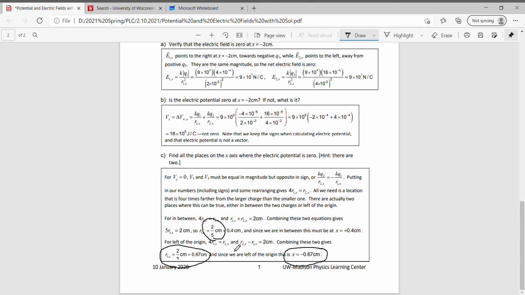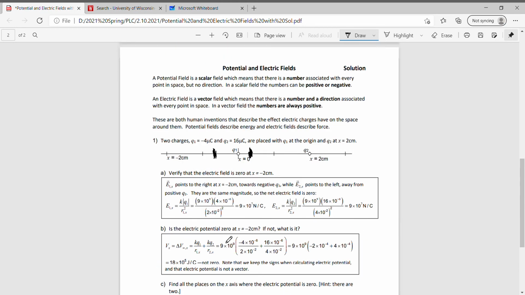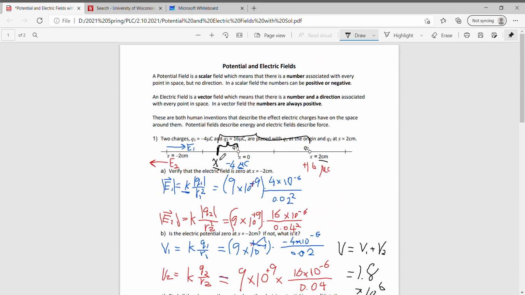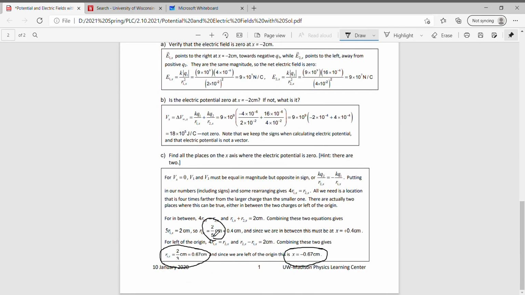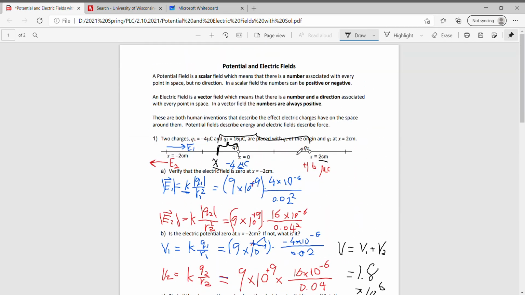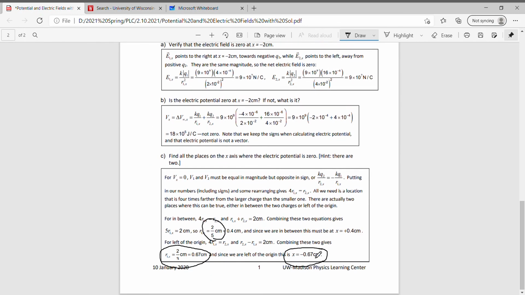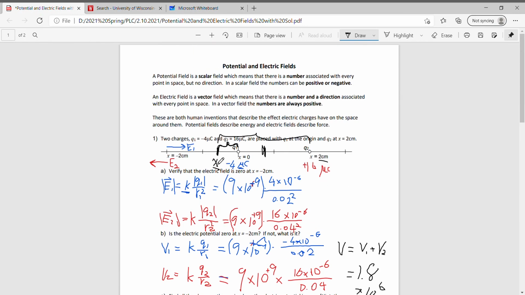Yeah, 2 over 5, and minus 2 over 3. So our first solution, 2 over 5, is around here, and our second solution, minus 2 over 3, is around here.